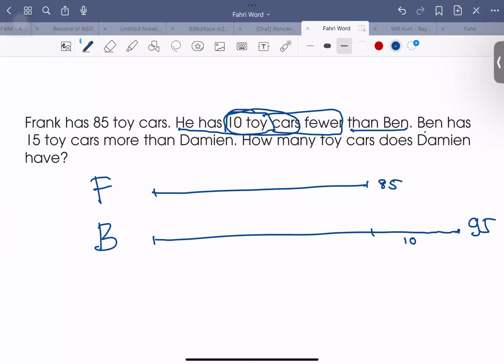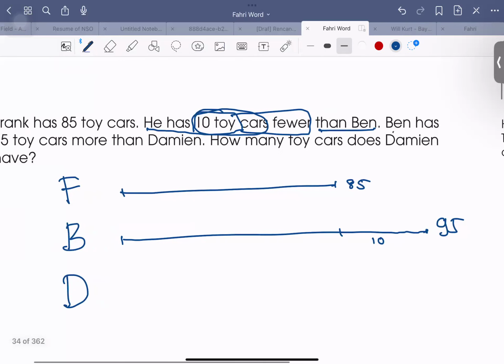How about Damien? Ben has 15 toy cars more than Damien. So does Damien have more cars? No. So Damien has a shorter line, right?